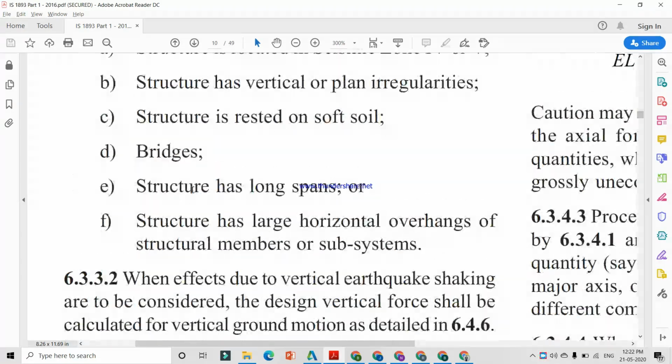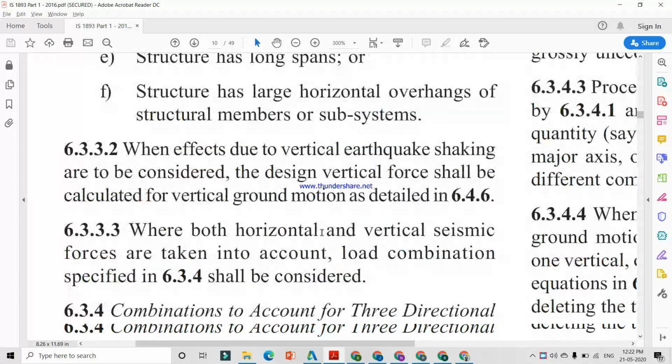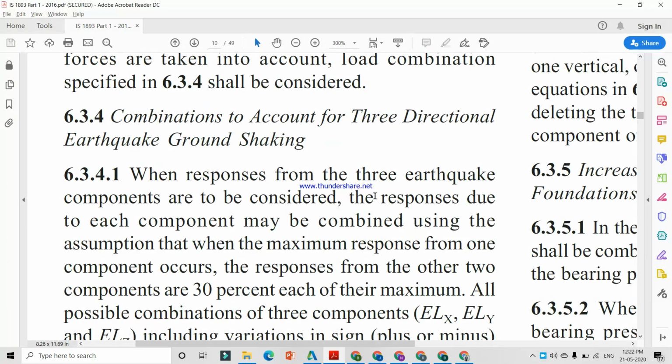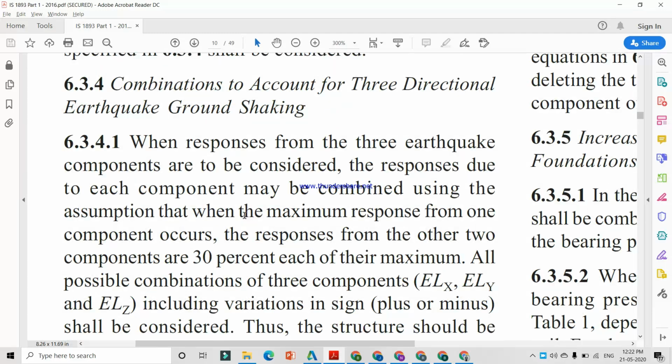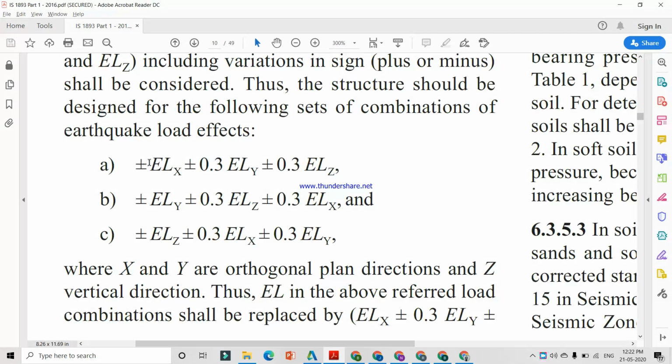The above case is only for the two directions, x and y. For the three earthquake component response, we have to consider the response due to each component as a combination. For one direction you have to take the full value, and for the other two directions you have to multiply by 0.3.